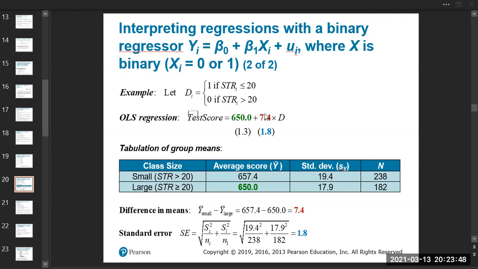And here, beta 1 is, more precisely, beta 1 equals 7.4. So what is 7.4? It's the average score difference between the small group and the large group, right? Because small group is 657.4, and the large group, the average score is 650.